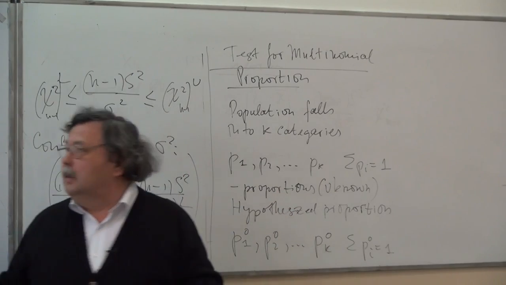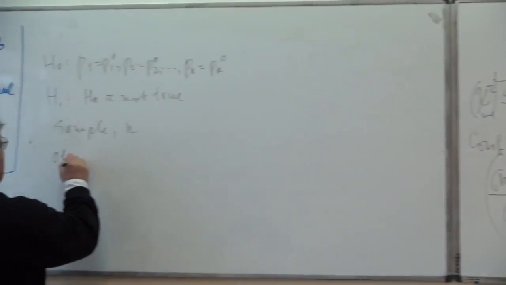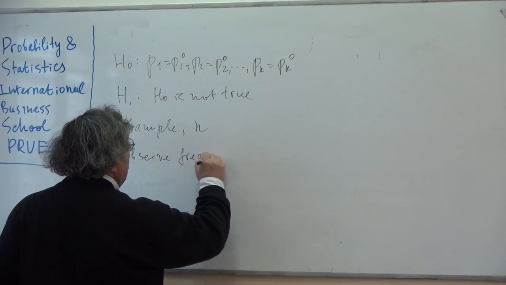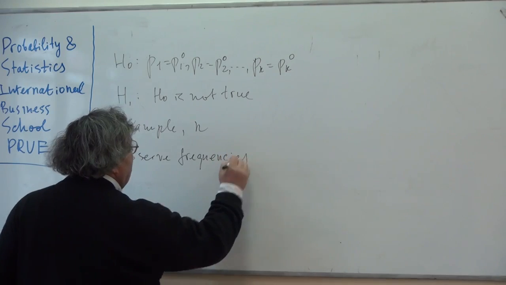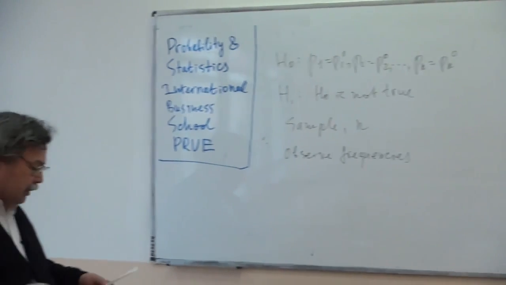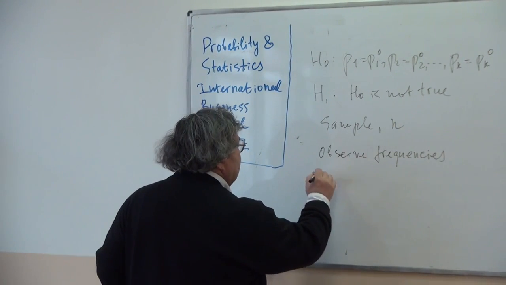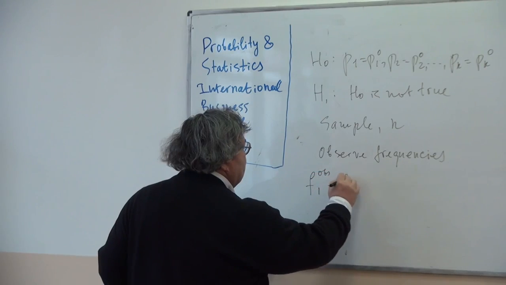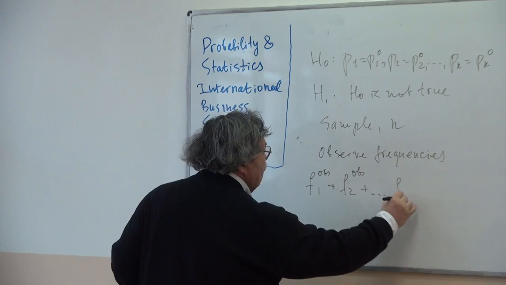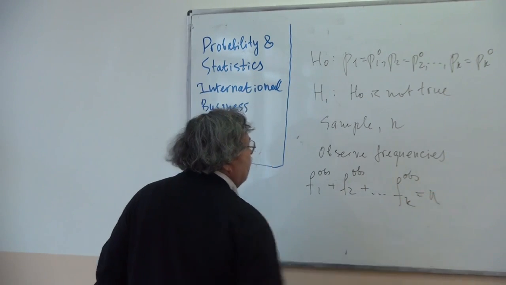We call it observed frequencies. Observed frequencies, absolute frequencies here, not relative frequencies. What does this mean? F1 observed plus F2 observed, and so on, equals n.